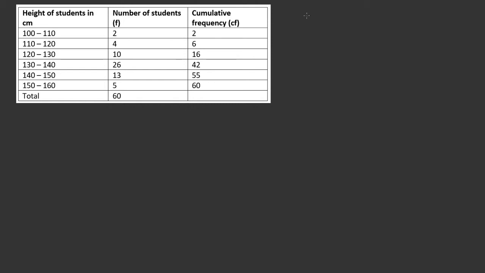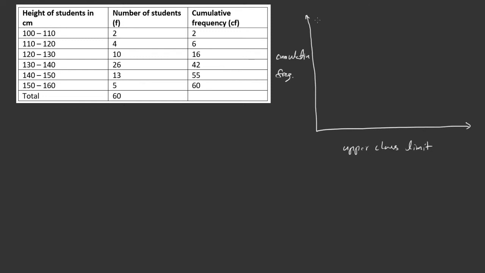That is, a graph is plotted with upper class limit in x-axis and cumulative frequencies in y-axis. You can choose a convenient scale for the axes.